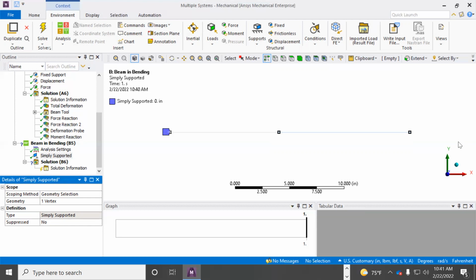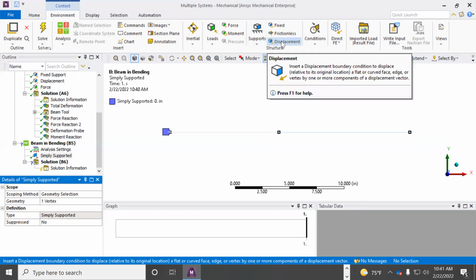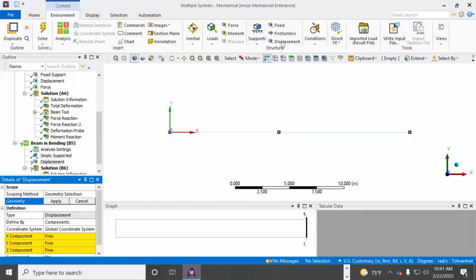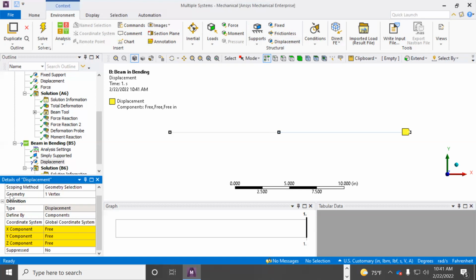So with our understanding of a pin support, I am going to insert or define a support that is called displacement. So I'm going to select this displacement and apply it to the vertex to the right and go apply. And I'm going to look here at the details of displacement.